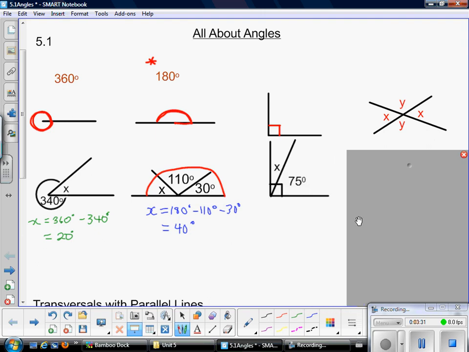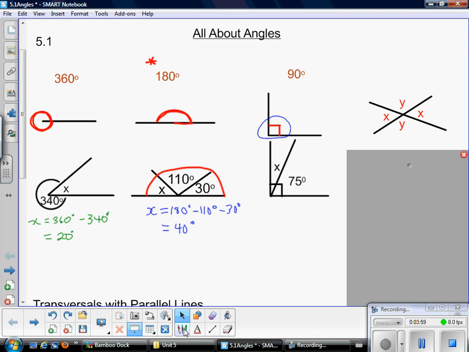Now the next one has to do with a right angle. Now a right angle, we use the square box in the corner. Even if it looks like it's a right angle, if it does not contain that square box, then you cannot assume that it is 90. And there it is, 90 degrees.